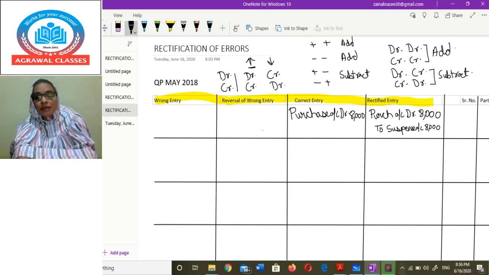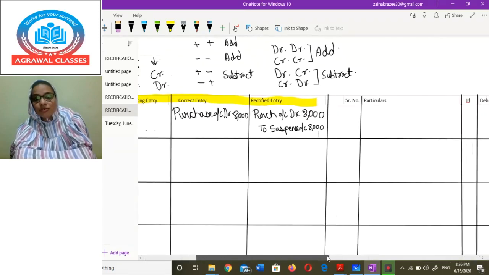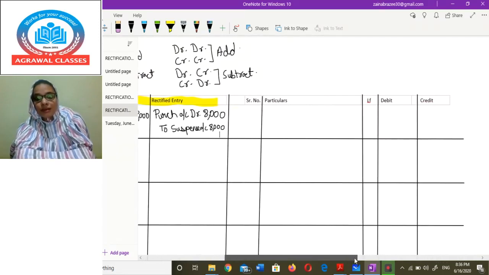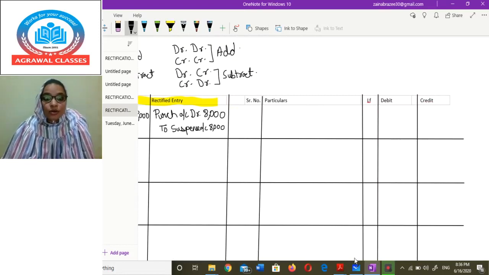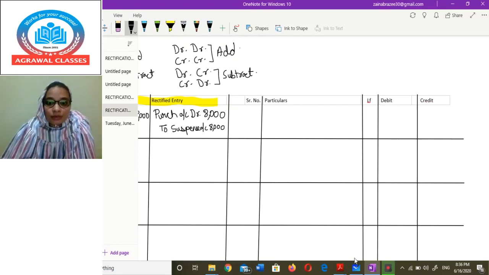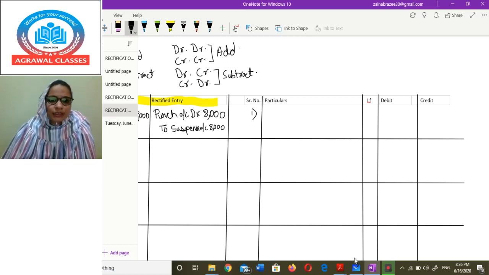प्लीज अंडरस्टैंड. Now when I do the final solution, in my final solution you need to understand that nominal accounts have to be replaced by the word P&L adjustment account. So purchase account will now be replaced by the word. Now see, in these questions there'll not be any date because everything happens on a single date. So हम serial number लिख देते हैं. Purchase account debit के बदले we'll write the word P&L adjustment account debit to suspense account.